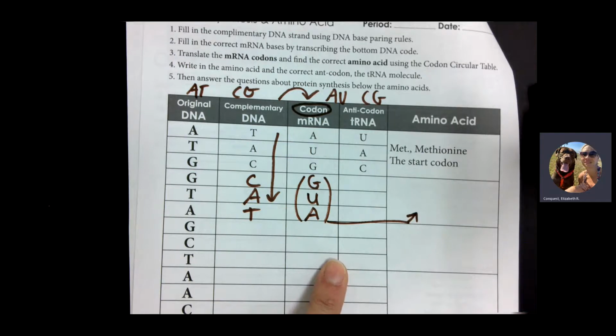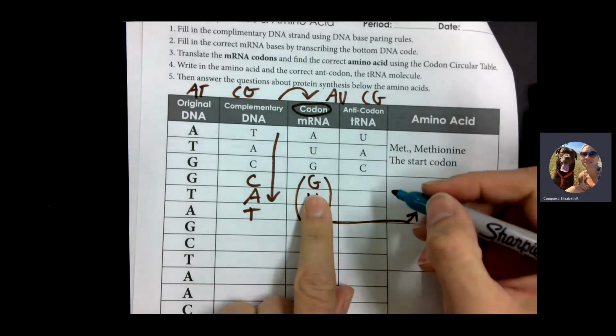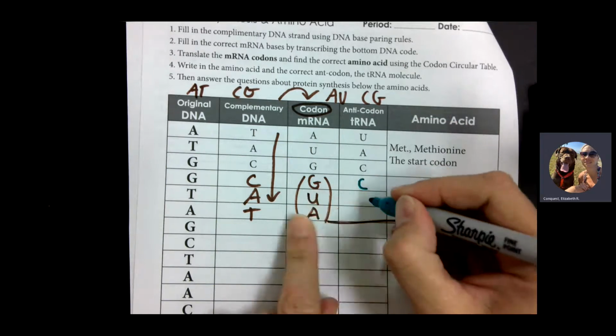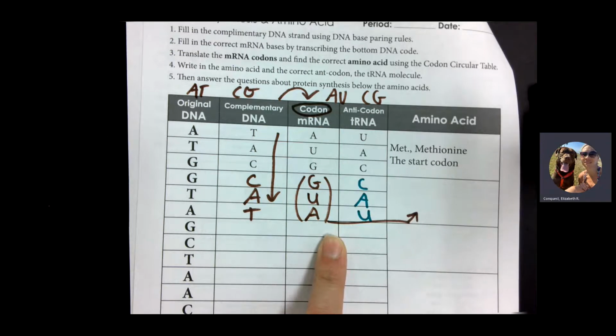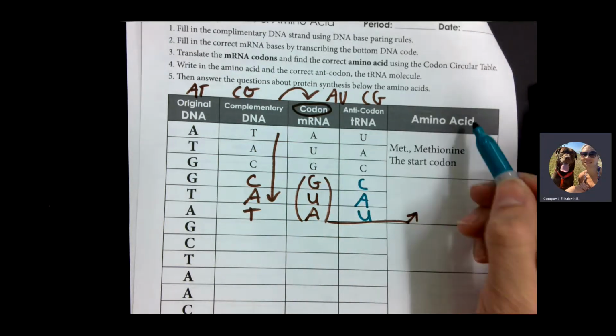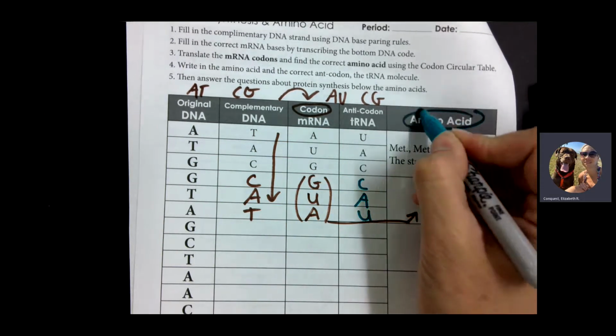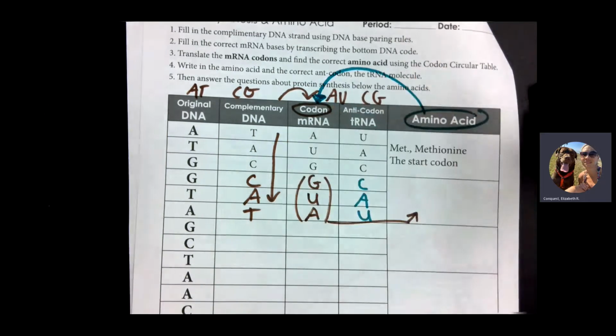All right, but they also ask for the anticodon. So if I'm going across, G turns to C, U turns to A, A turns to U. This is where people get tricked up. Your amino acid, the name of it, comes from the codon, the mRNA.